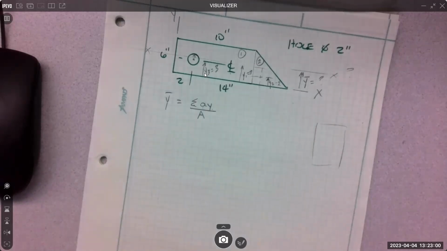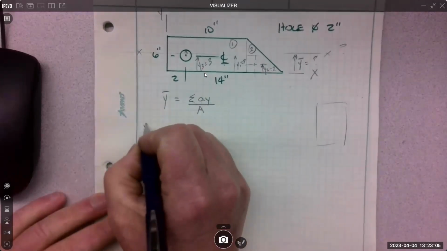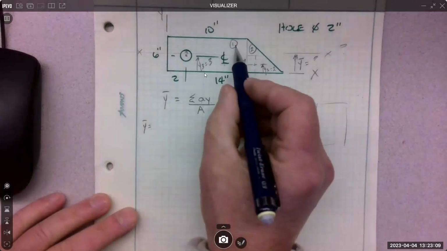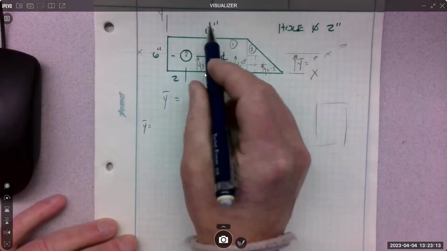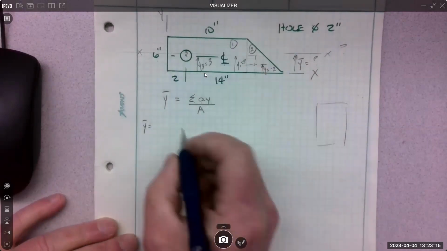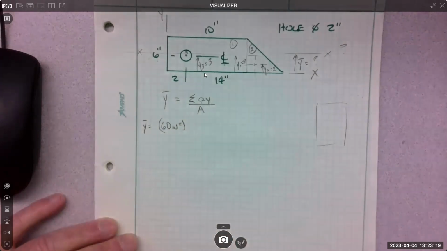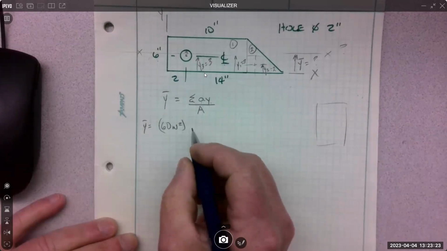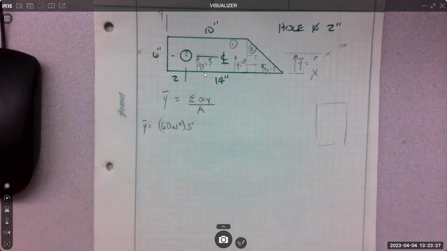Areas are pretty simple. So if I just go for the formula, Y bar equals area 1, what's the area of 1? Yeah, 6 times 10, 60 inches squared, and times y1, three inches, right?